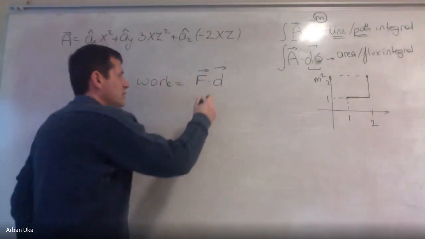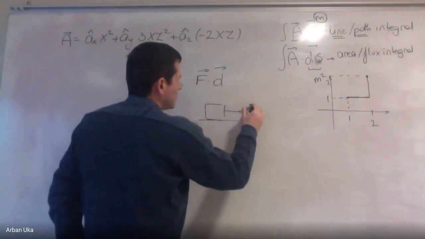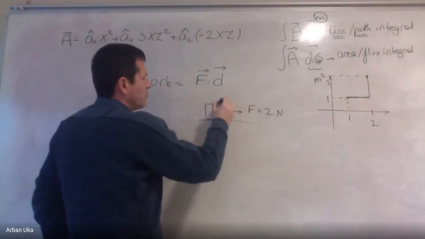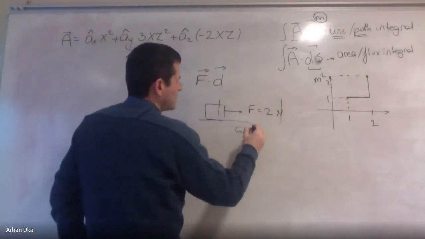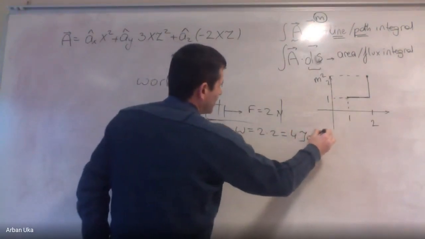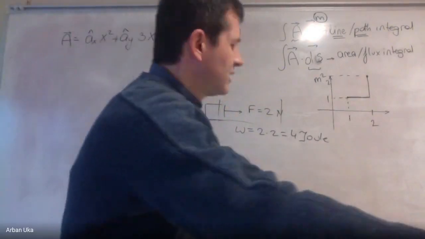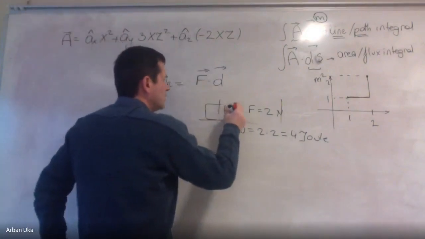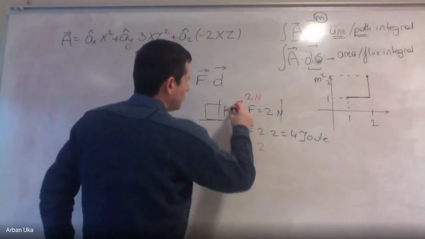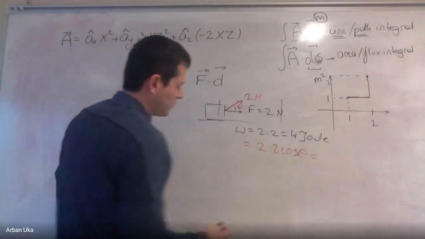If we have an object attached to a force equal to 2 Newton, and we pull it a distance of 2 meters, the work is 2 times 2, which is 4 joule, right? Then, if the force is 2 Newton but at an angle theta, the new work is 2 times 2 times cosine theta, okay?